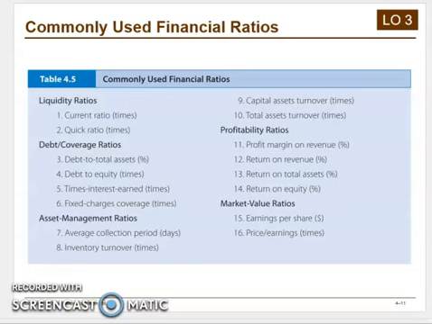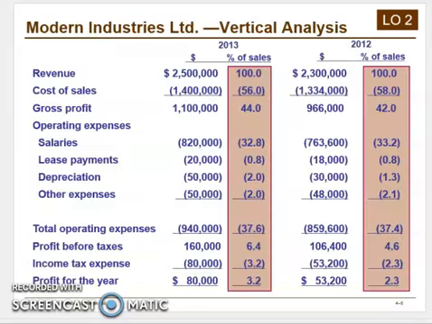First of all, I want to take a step back and have a look at the Modern Industries income statement that we have looked at before. And we're going to look at their balance sheet, which we haven't seen yet. If you remember Modern Industries' statement of income, we've got the revenue straight through to the profit for the year.